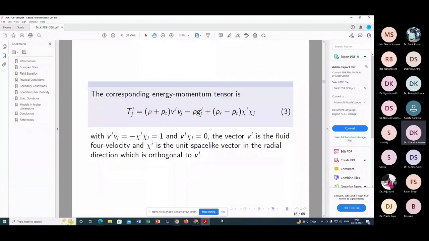Also, vi vi equals 1, and vi xi, the inner product, must be equal to 0. The vector vi is the fluid four-velocity, and xi is the space-like vector in the radial direction, which is orthogonal to vi.